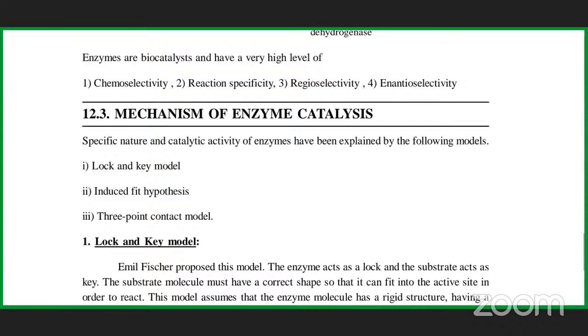The specific nature and the catalytic activity of enzymes can be explained by the following models. These are the models which can explain the enzyme catalysis property and its specificity property.